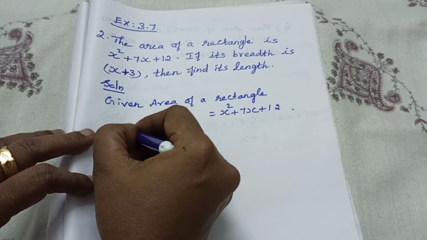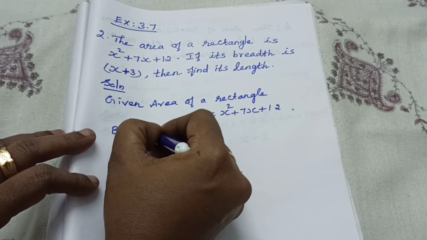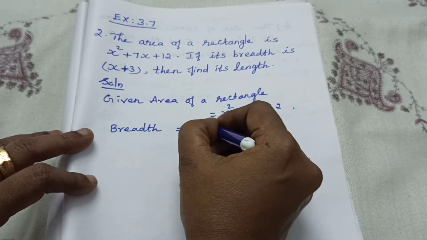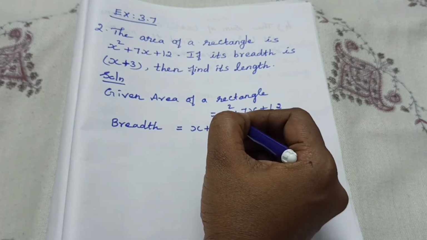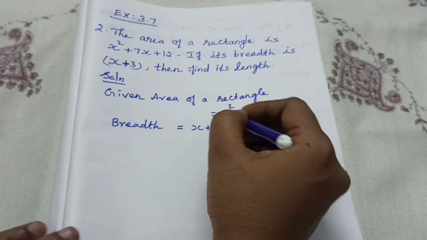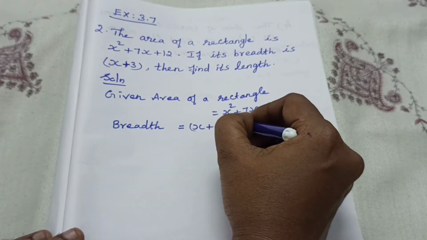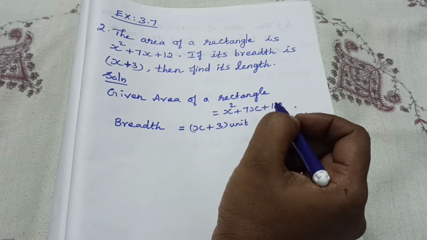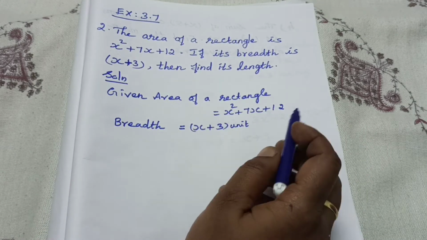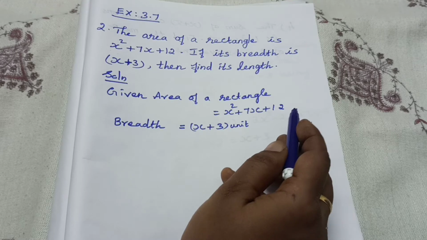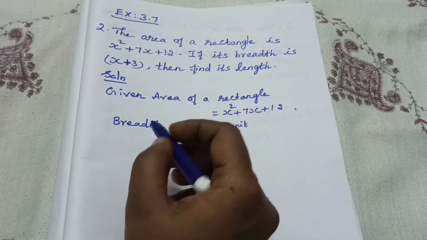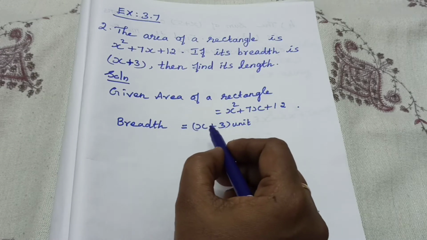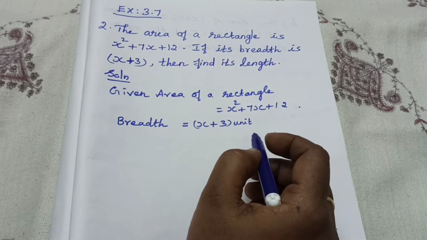Breadth is equal to x plus 3 unit. The area of a rectangle is in square units. And breadth is also given. From here we have to find out the length.